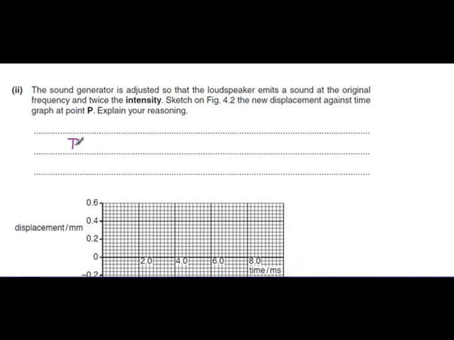So we have to realise that intensity is proportional to amplitude squared. So 2 times the intensity is proportional to 2 times amplitude squared.